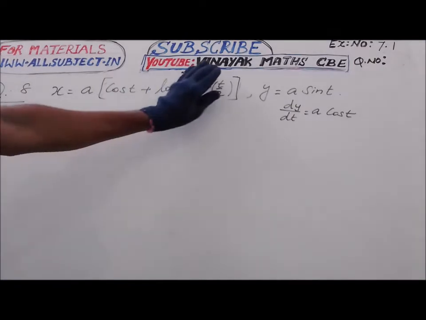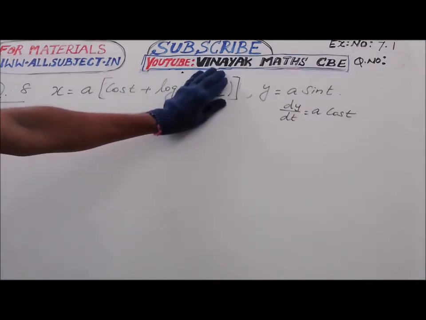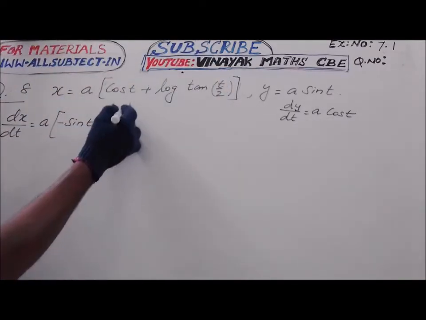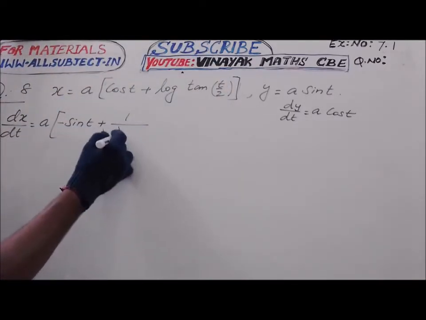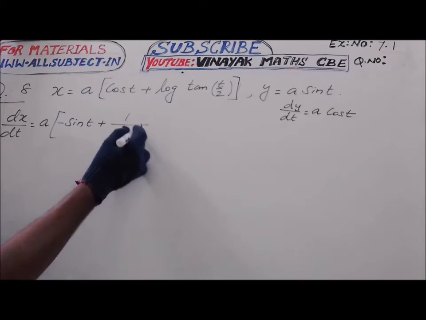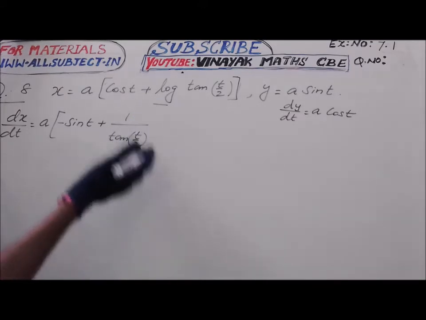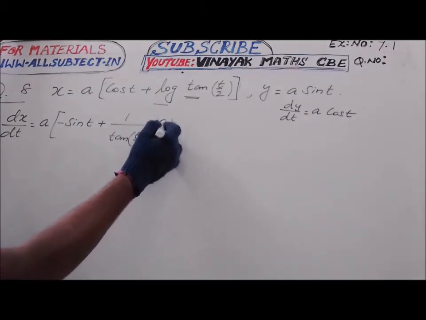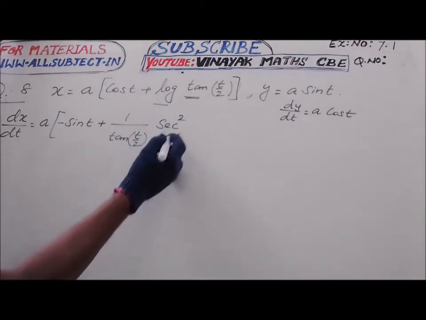For log x it is 1 by x. So the derivative of log of tan t by 2 is 1 by tan t by 2. This is for log. Now we are moving to tan. Tan x means it is secant square x. Tan theta means secant square theta.